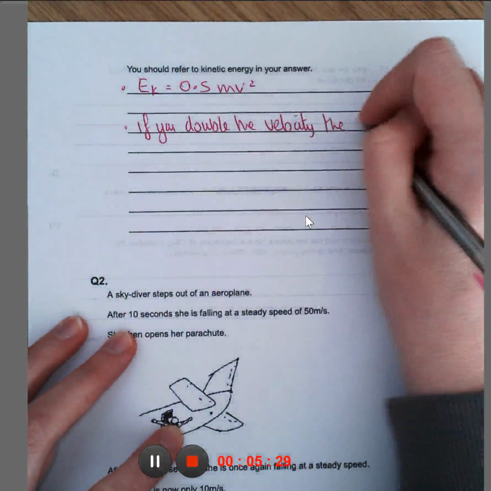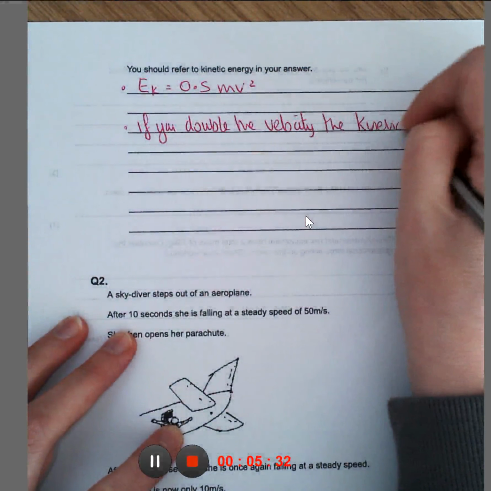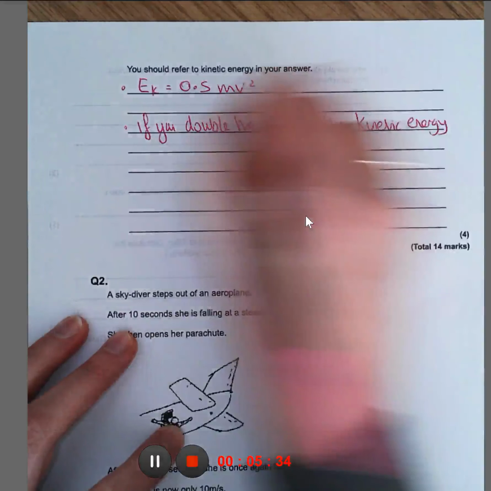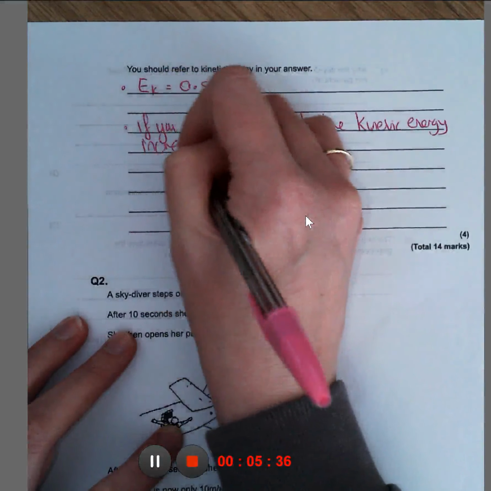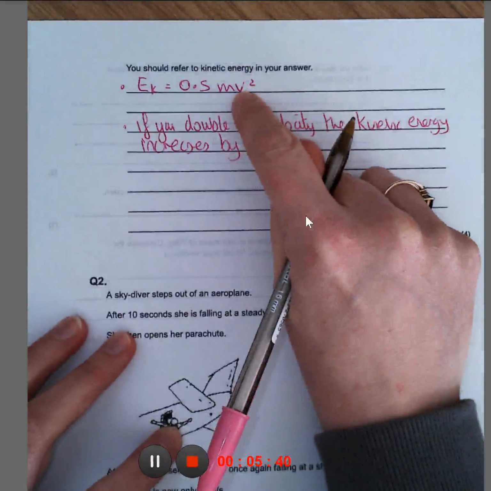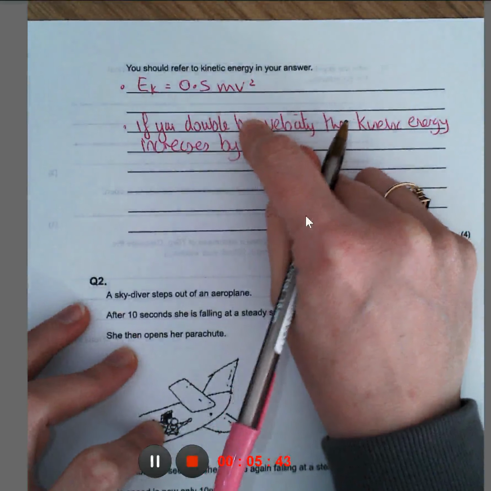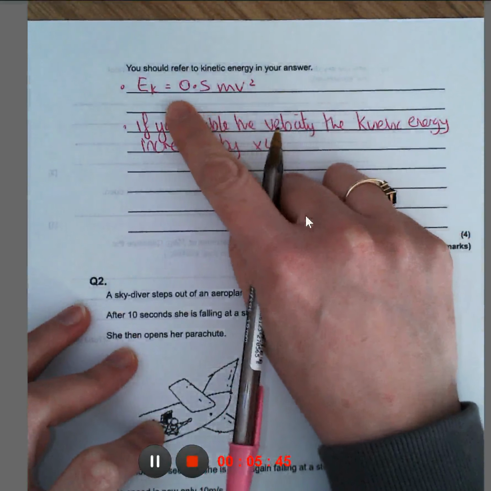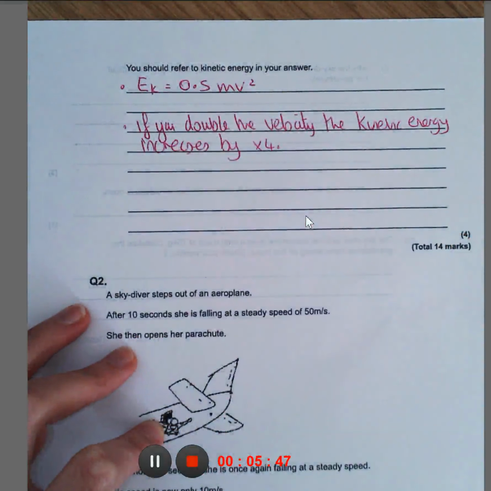the kinetic energy increases by 4. And that's because of this squared in here. So if you double the velocity, you get 4 times as much kinetic energy because 2 squared is 4.